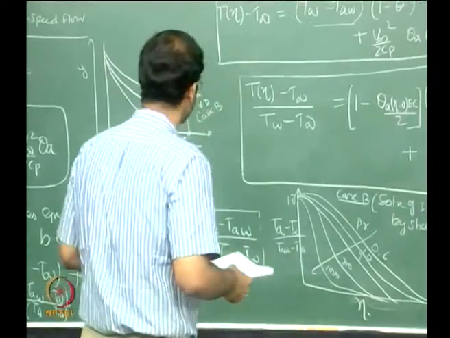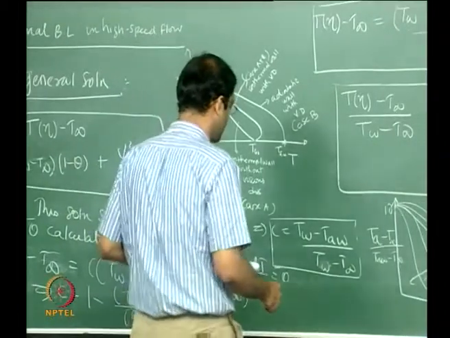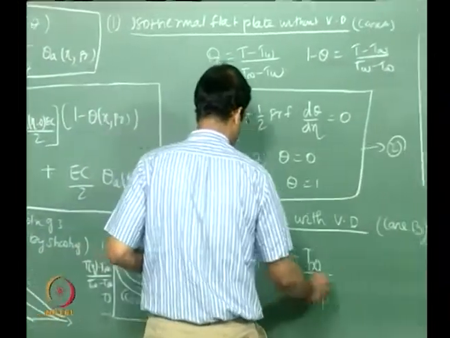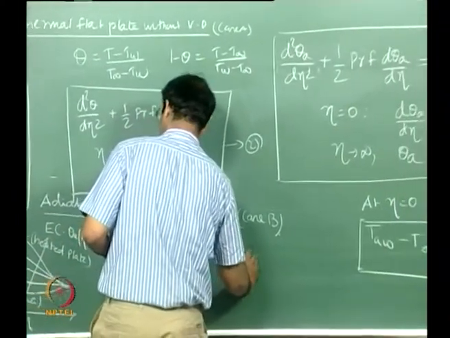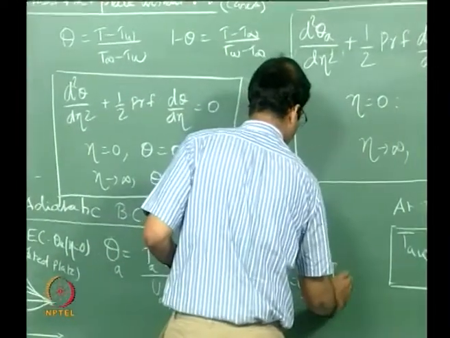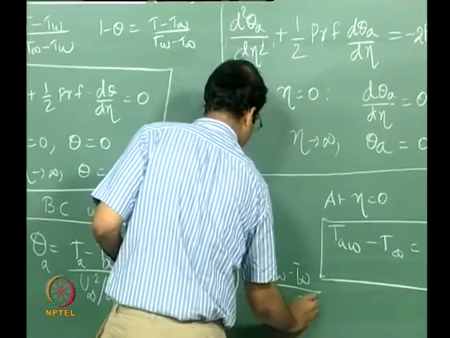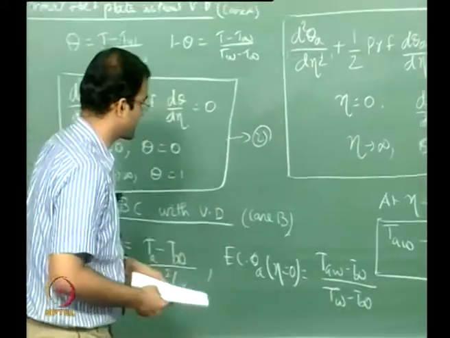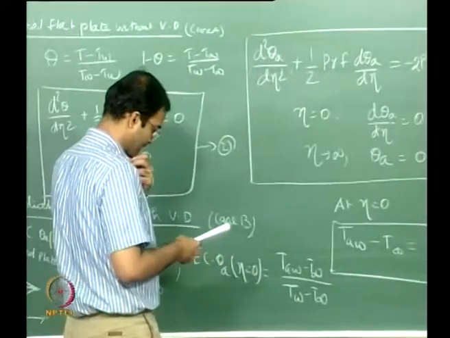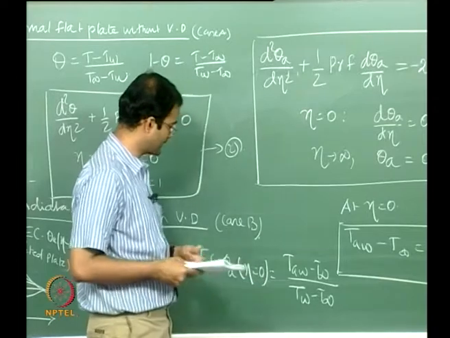So finally we are interested in the calculation of heat transfer coefficients. We will see how that can be obtained. If you are confused about the definition of this, your Eckert number into theta A at eta equal to 0 is nothing but your T adiabatic wall minus T infinity by T wall minus T infinity. Because this is your T adiabatic wall minus T infinity, and Eckert number is again U infinity square by Cp into T wall minus T infinity.